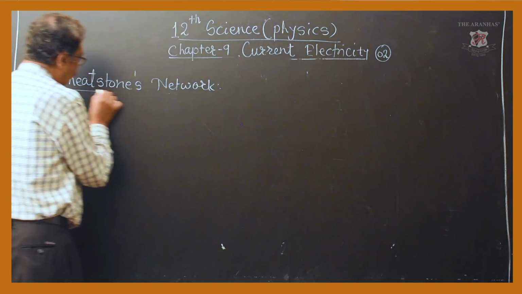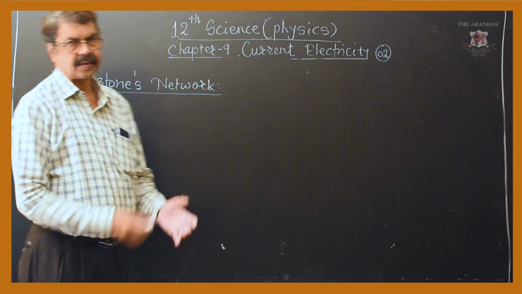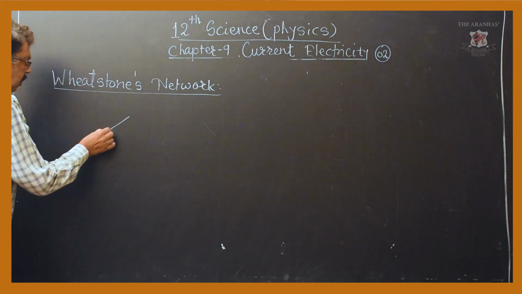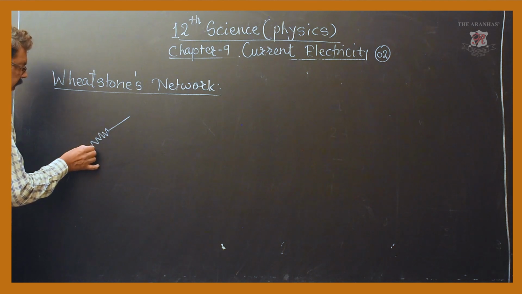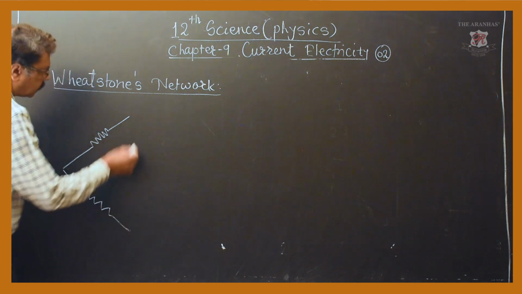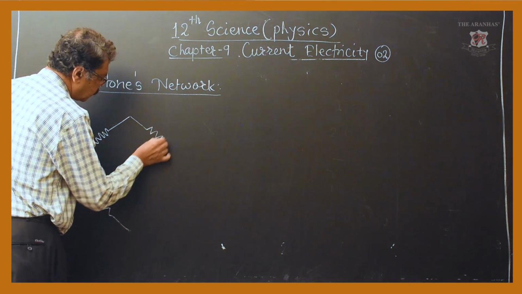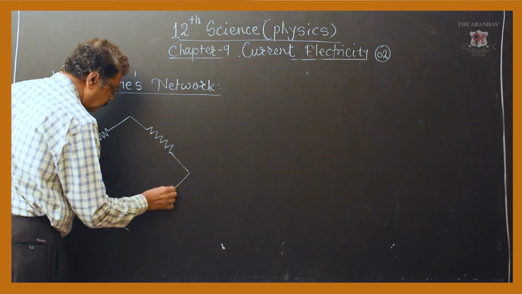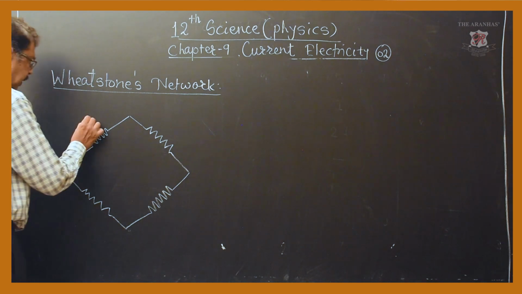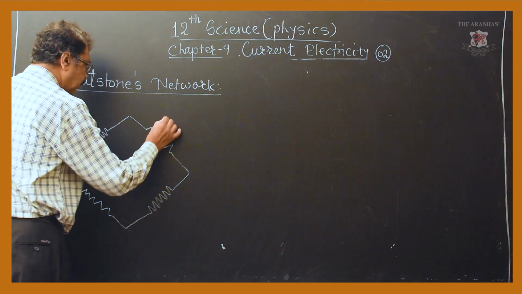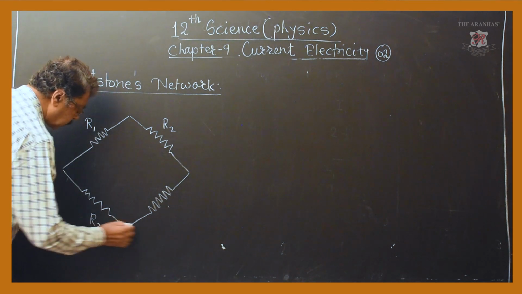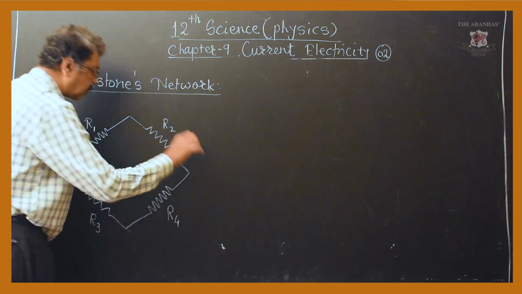It consists of 4 resistances as 4 sides of a quadrilateral. They are labeled as R1, R2, R3, R4.